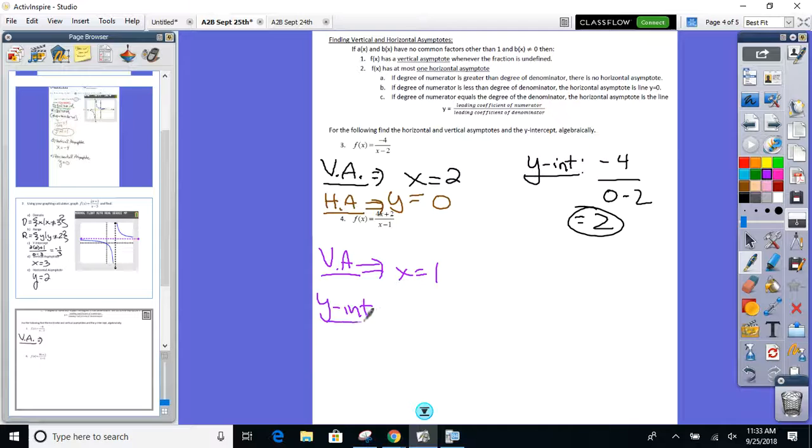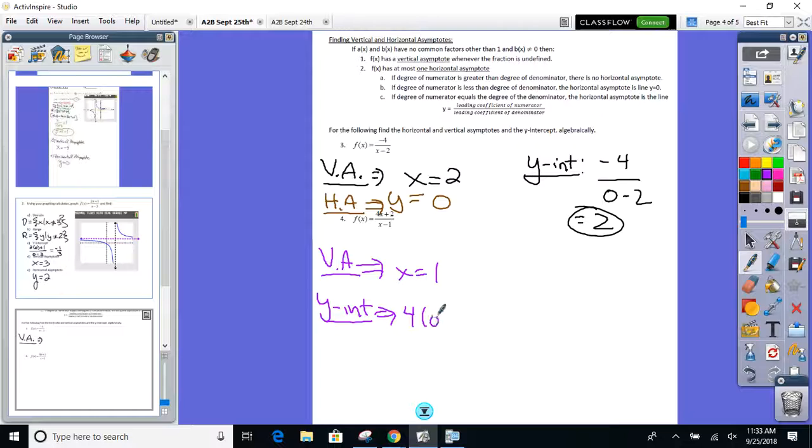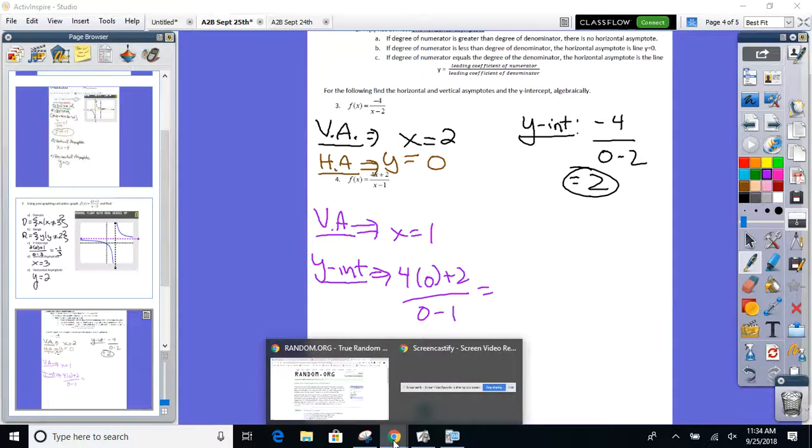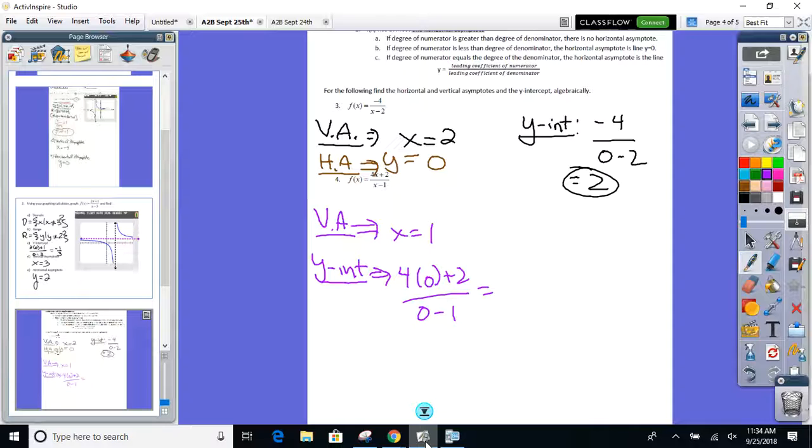Y-intercept, everybody. Seven when you're ready. 2. 2 or -2? -2, good.